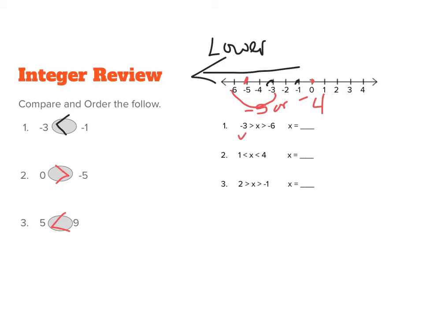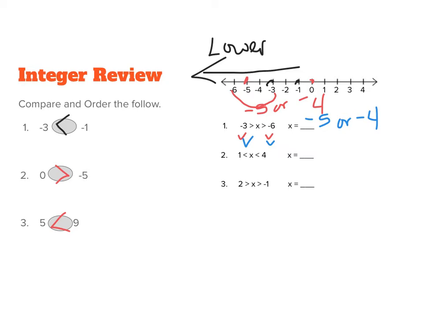And -5 is greater than -6. That works too. So let's look at -4. So -3 is greater than -4. So that works. And -4 is greater than -6. And that works. So then that means this could be -5 or -4.